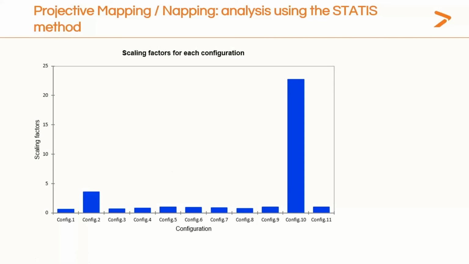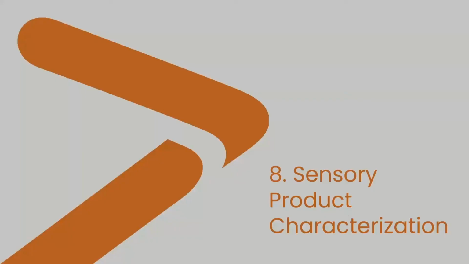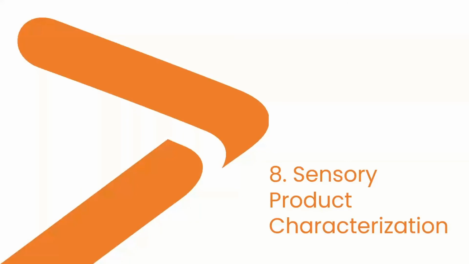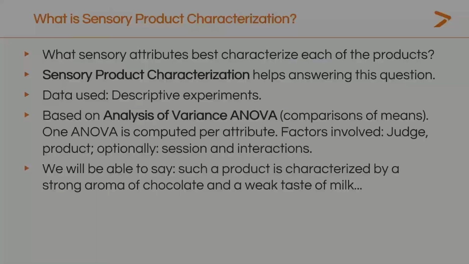Okay, so now that we've measured the global distances between two products first with discrimination tests and then between several products with mapping, we'll switch to another method, which is sensory product characterization, which will help us see which specific attributes characterize this product compared to another one.